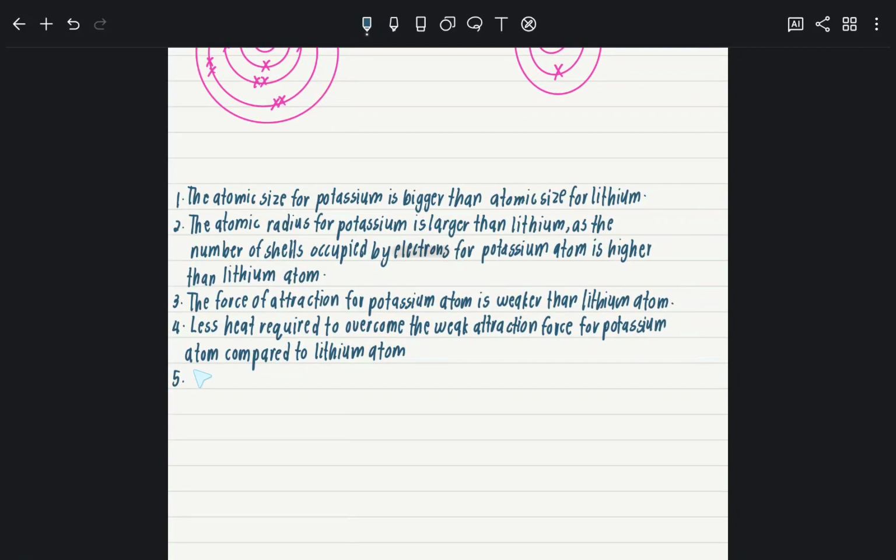So you simply say hence the melting point and boiling point for potassium is smaller than lithium. This is how it works.